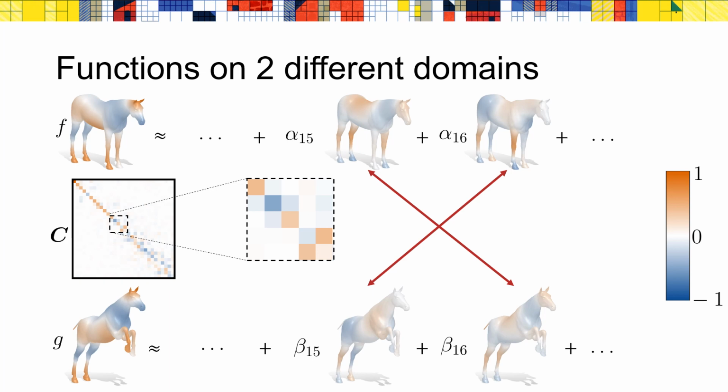Around positions 15 and 16, you can see that there are 2 orange positive values in the matrix that are not on the diagonal. This corresponds to the fact that the functional map is telling us that to transform the coefficients of the shape M to the coefficients of the shape N, we need to switch the order of these two eigenfunctions.